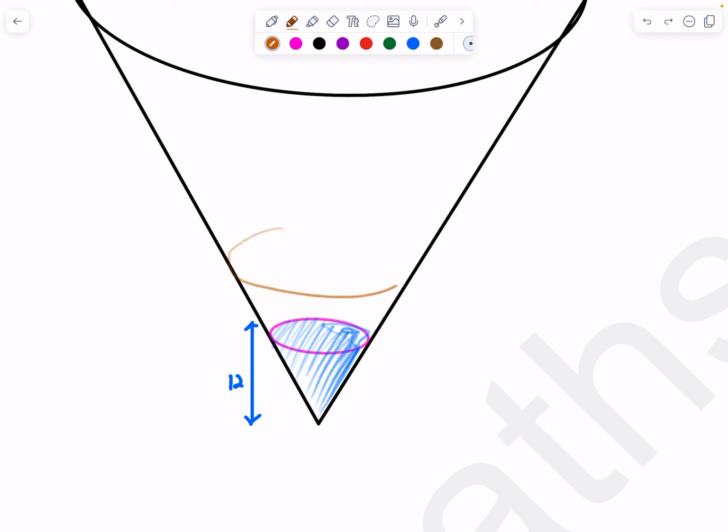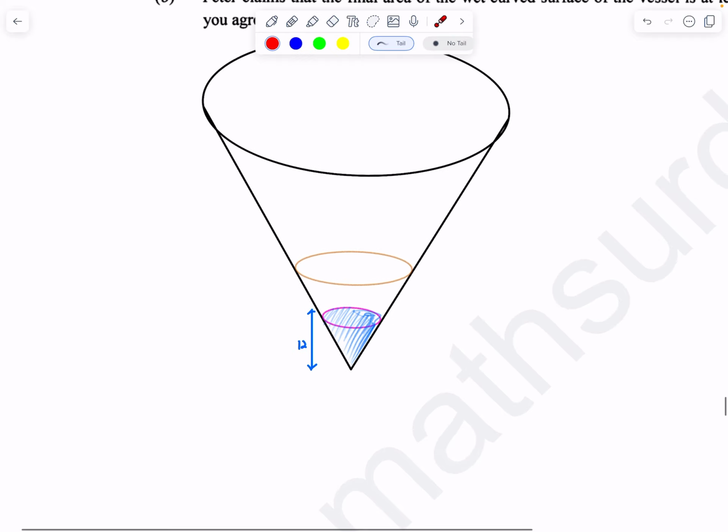Let's say the milk that he came up is until this much, so he inputted more milk here, so these are all milk now.